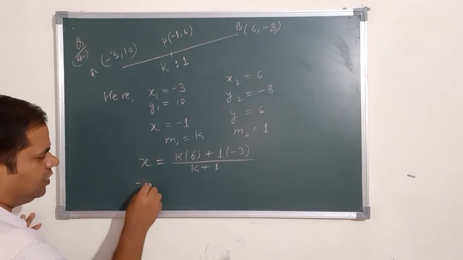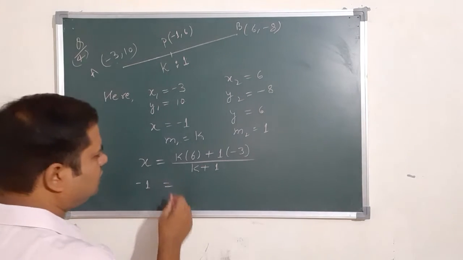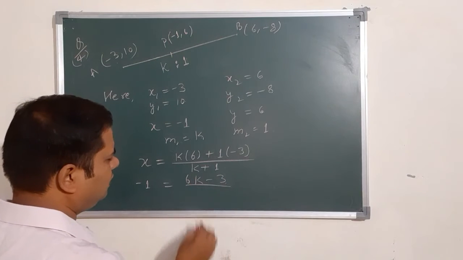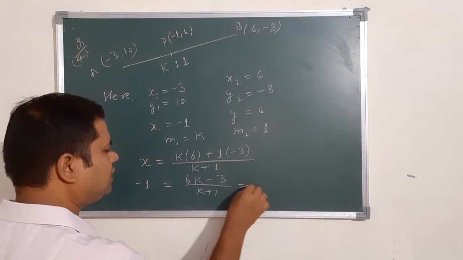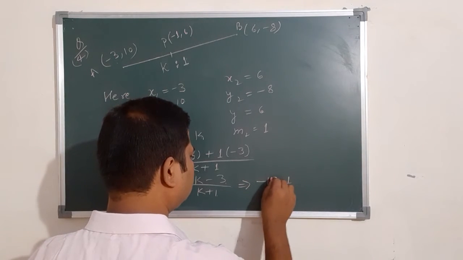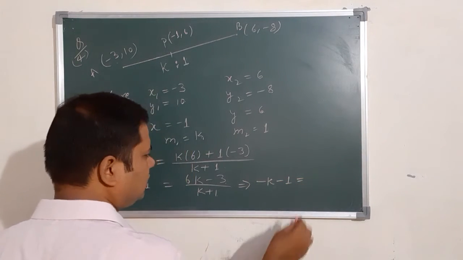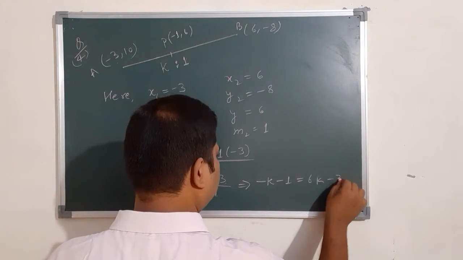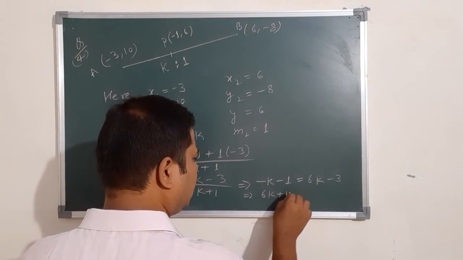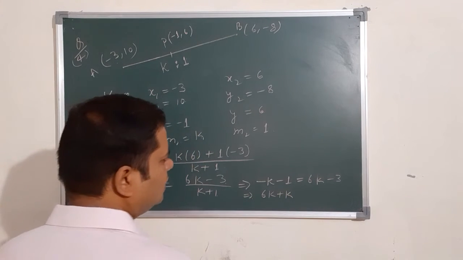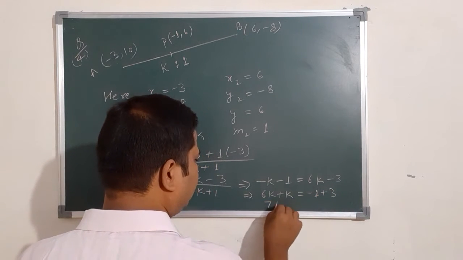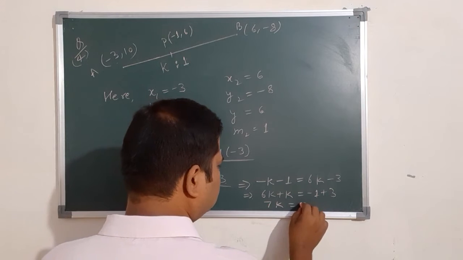X is -1, so this is 6K -3 divided by K plus 1, and this implies -K -1 is nothing but 6K -3. So this becomes 6K plus K on that side, and -1 plus 3. So 7K is equal to 2.